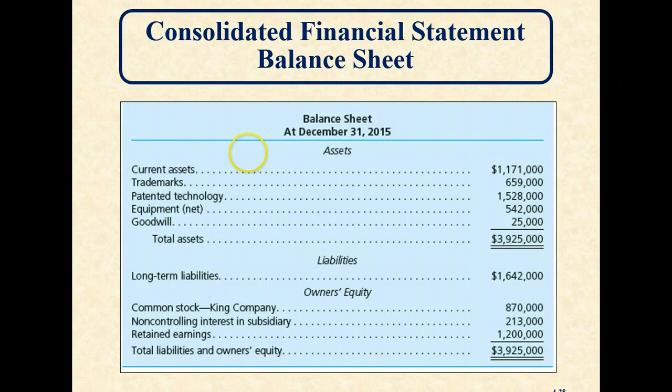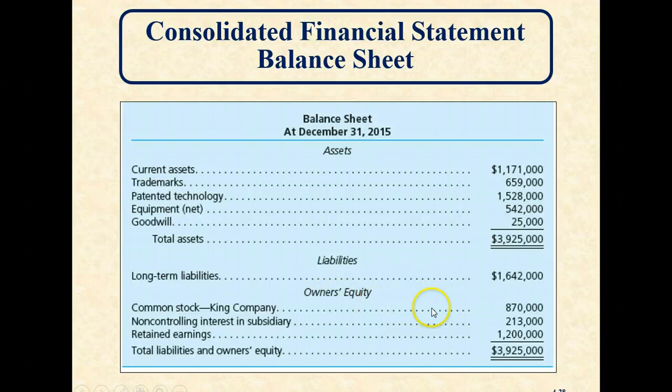How are we going to show our assets? We should be able to pick the assets from both companies, and then from there, any amortizations we've included should consist of these different figures. Our long-term liabilities should be combined, minus any amortizations.